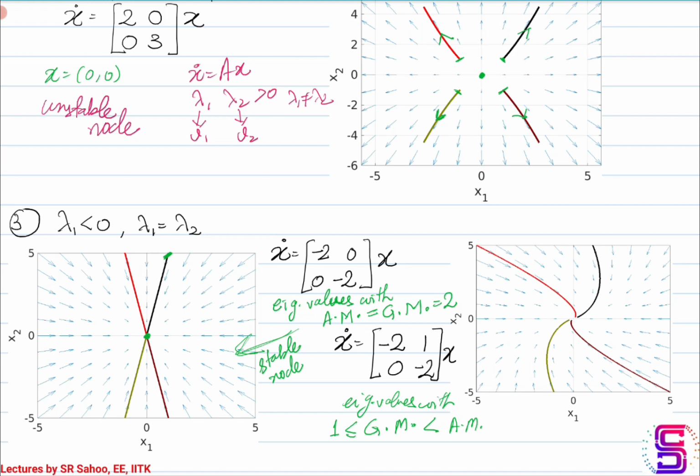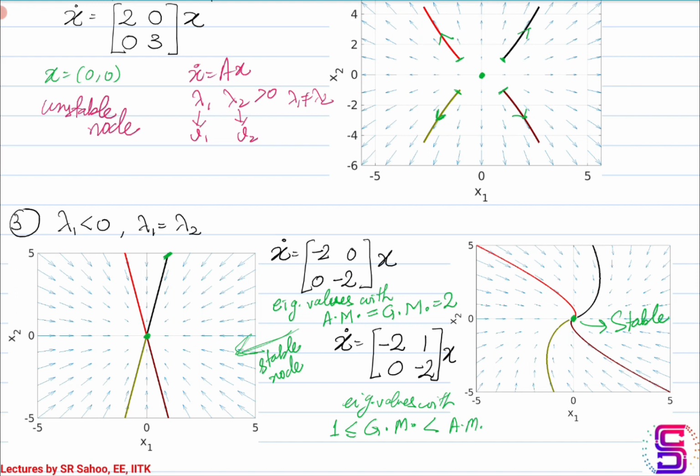So we cannot label the equilibrium point as a node, but we can at least conclude that this is a stable equilibrium point. Wherever you start in the neighborhood, you always end up with trajectories that take you towards the equilibrium point, in all possible directions. So this is a stable equilibrium point.